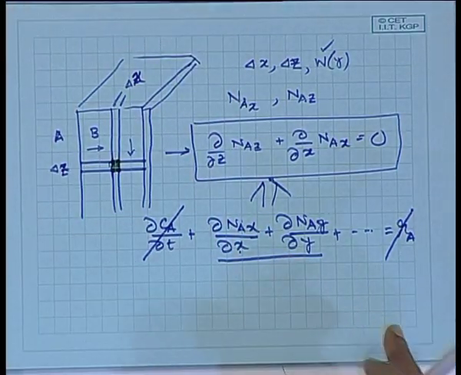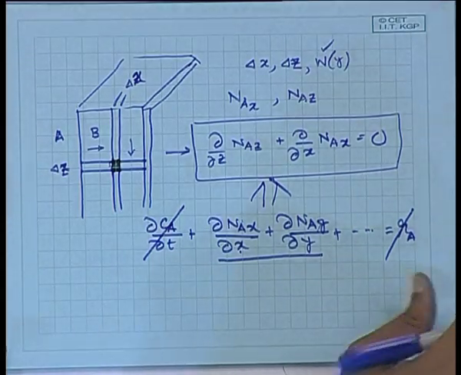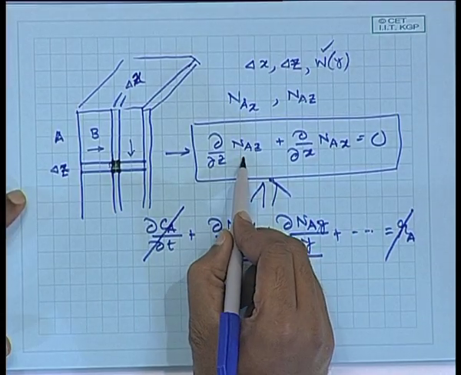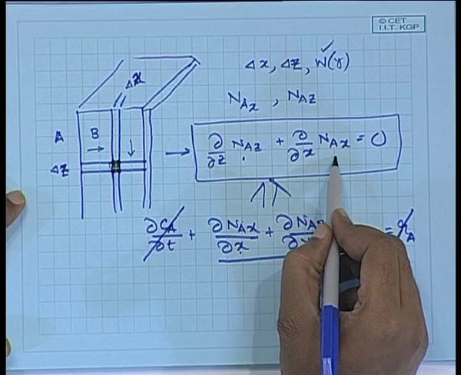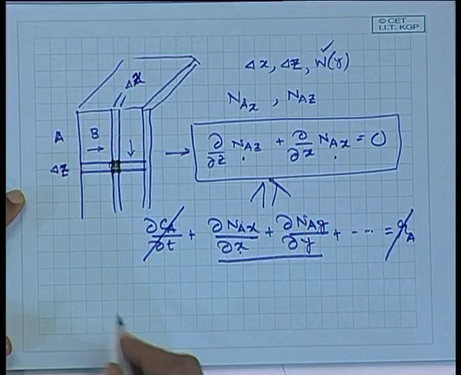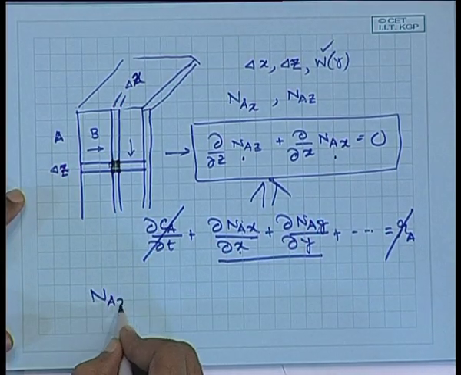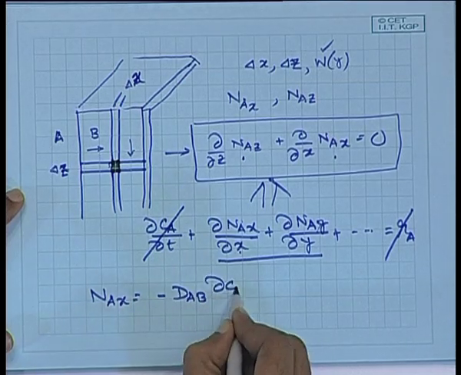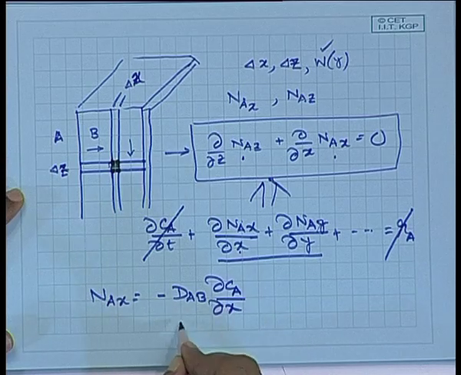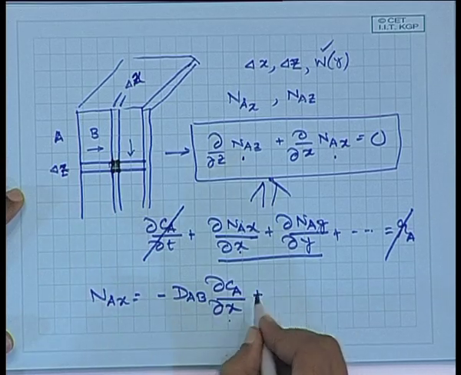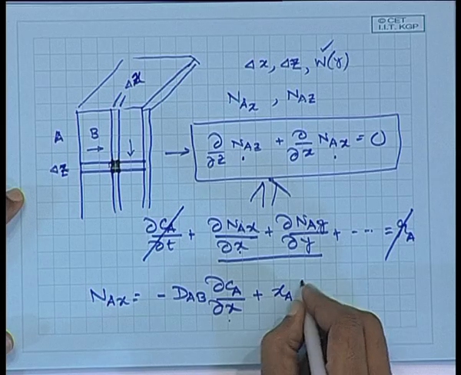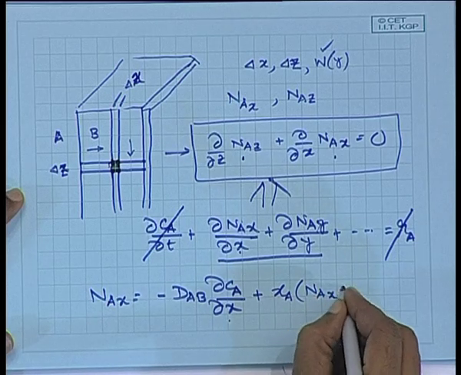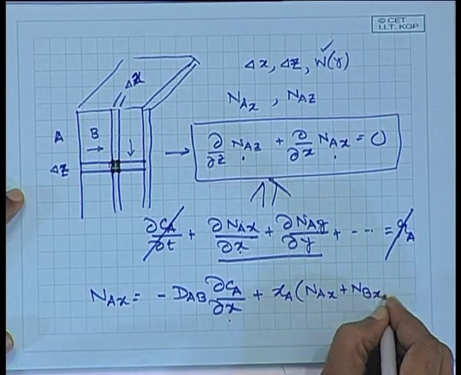Now, in this governing equation I have to substitute Naz and Nax. All right. So, let us start with Nax. This is going to be minus DAB del Ca del x, that is the diffusive term, plus xA times (NAx plus NBx).